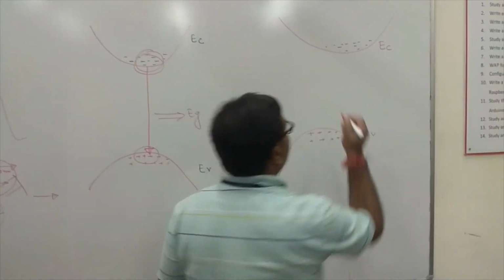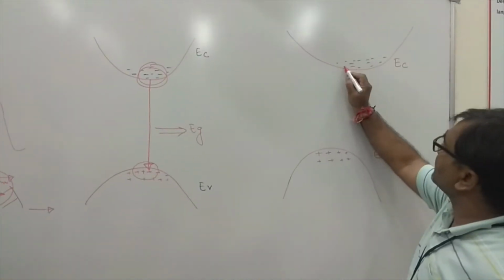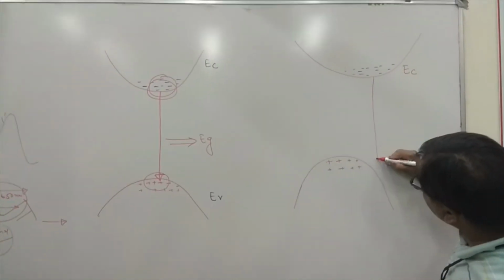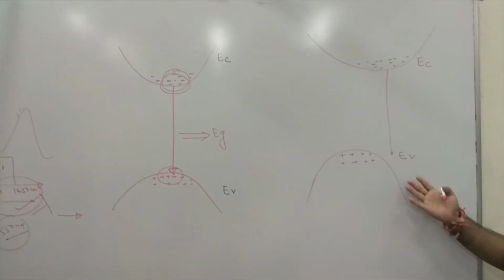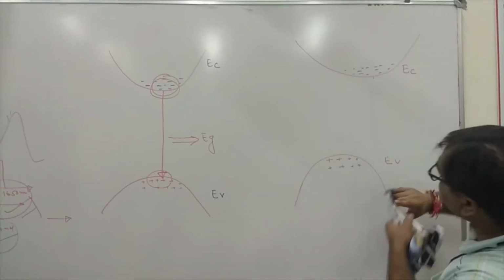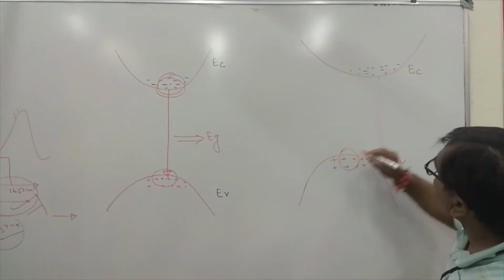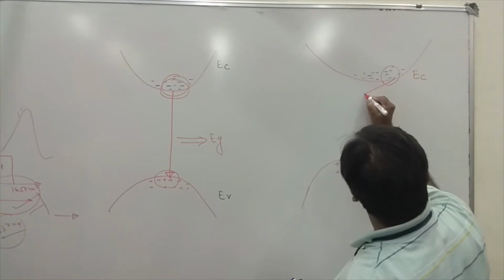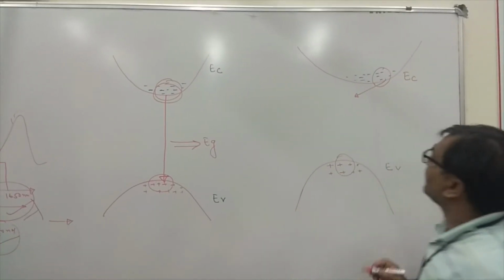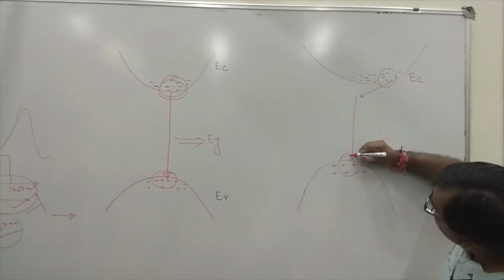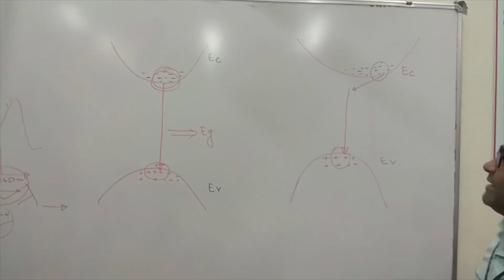Now in the second case, when the electron is here and the hole is there, if you try to shake hands here, there is no person. Your friend is not here, your friend is there. So to recombine, you should release some amount of energy, and then you are able to shake hands with your friend.